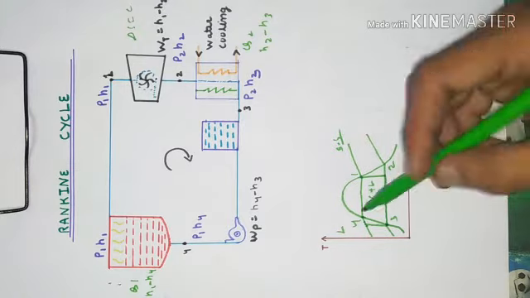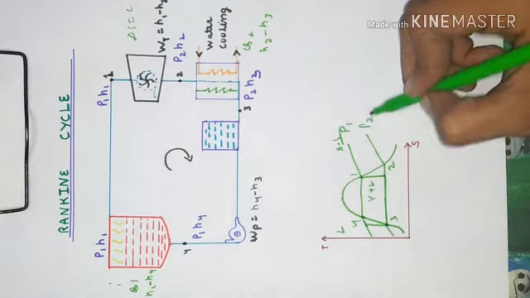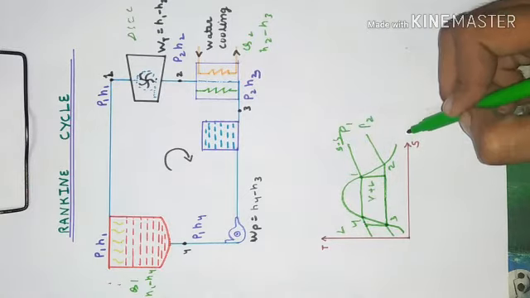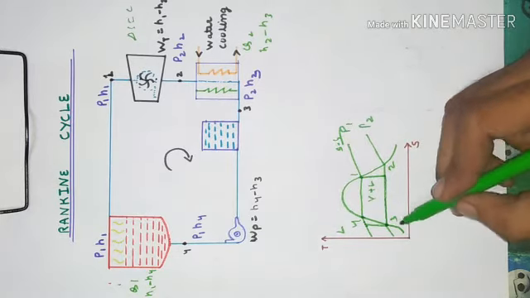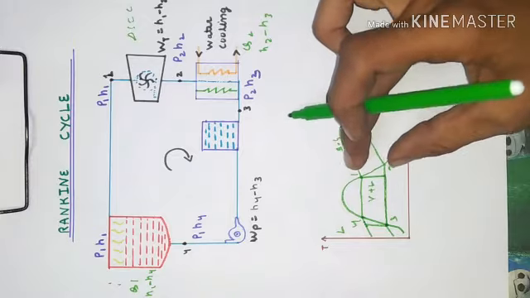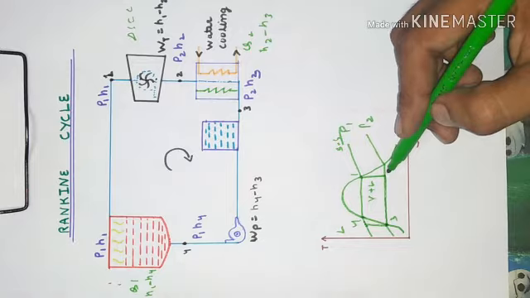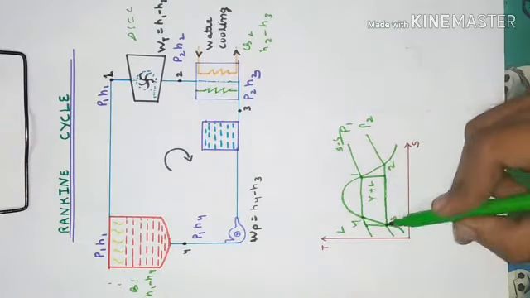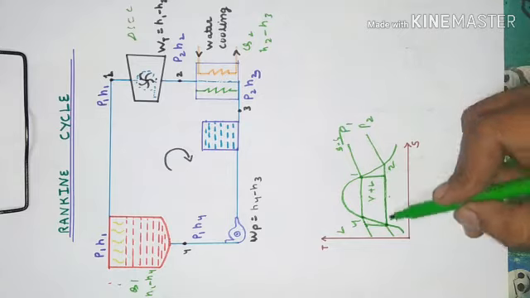Again we repeat the diagram. These are two pressure lines, this is the vapor-liquid dome, and between P1 and P2 there is the turbine work. There is reversible adiabatic expansion with no change in entropy, so the line is vertical. And again from 2 to 3 there is constant pressure, and the heat is transferred to the condenser.